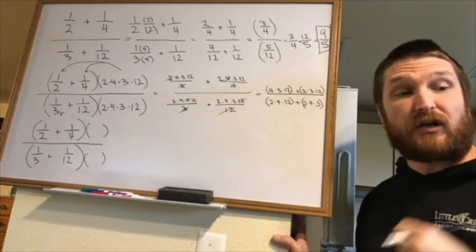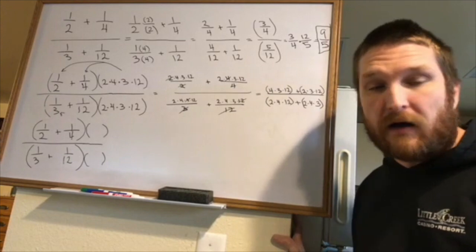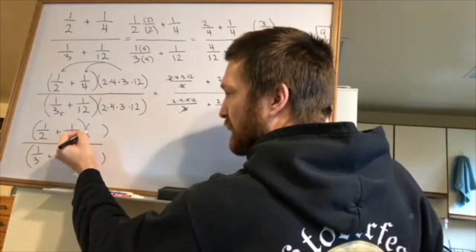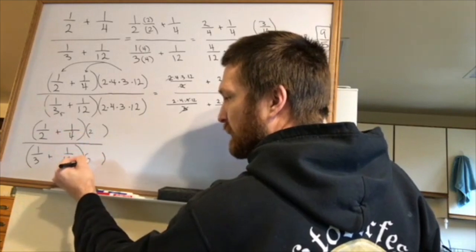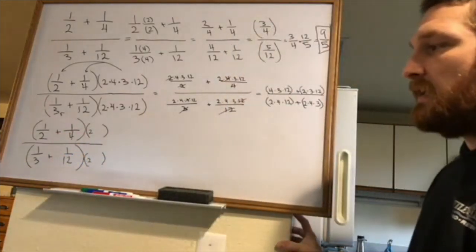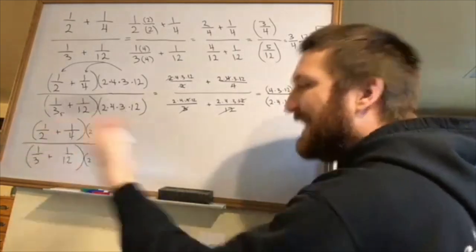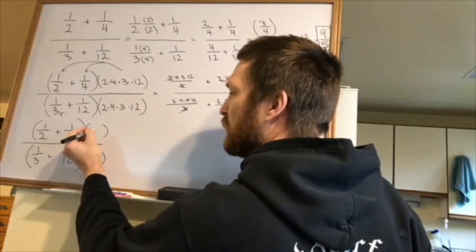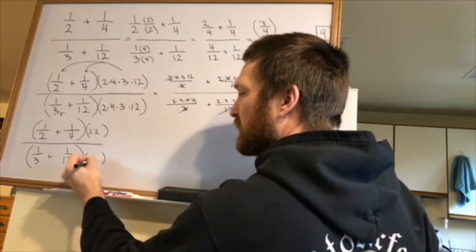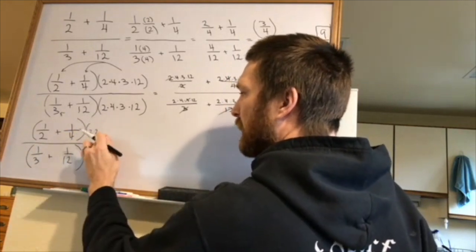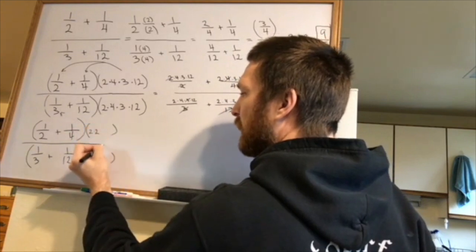Because in fact, what I could have done is said, well, I'm going to need a 2. And so I write a 2 here. And then say, well, what about that guy? He's not going to get killed by a 2. He needs an additional 2. He's going to need a 2 times 2. Okay, so I need a 2 times a 2 right there. Make my parentheses a little bit bigger.